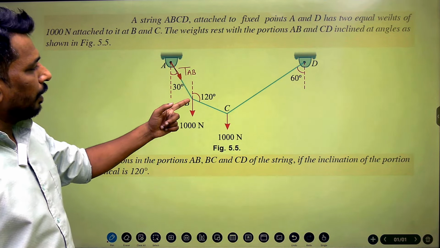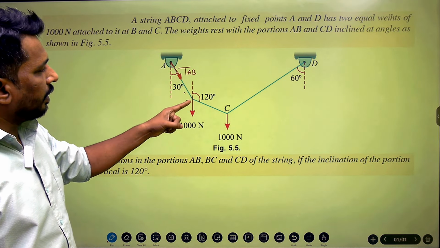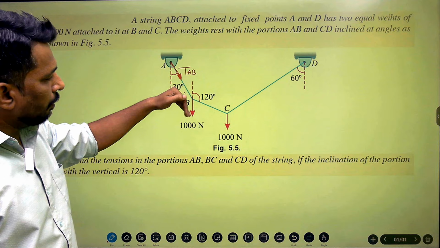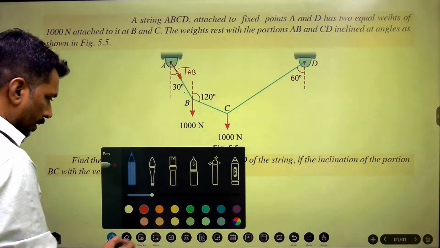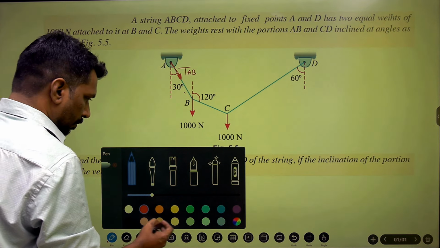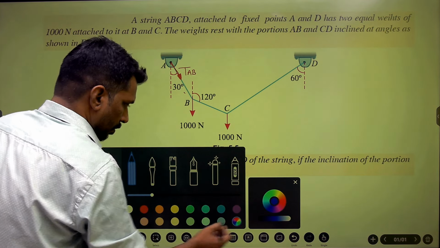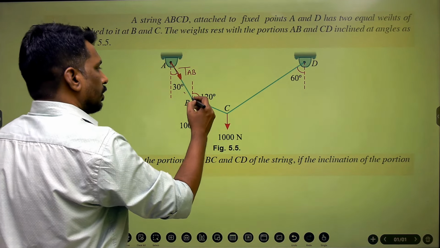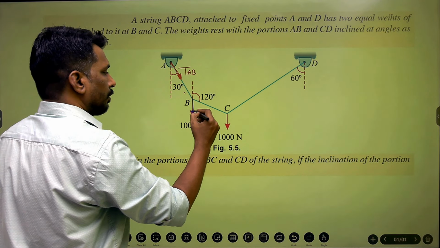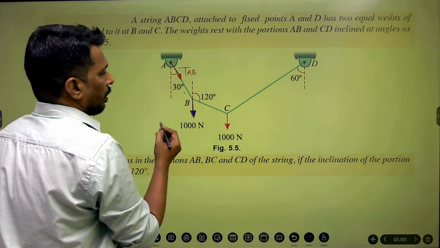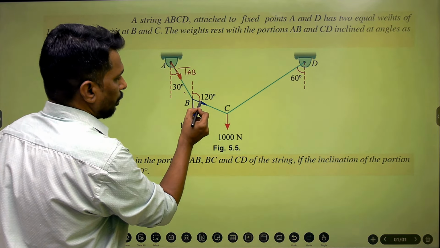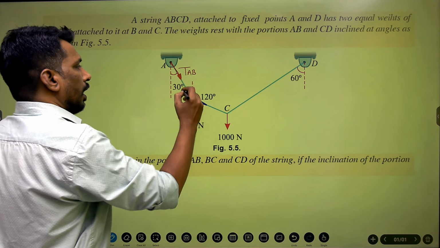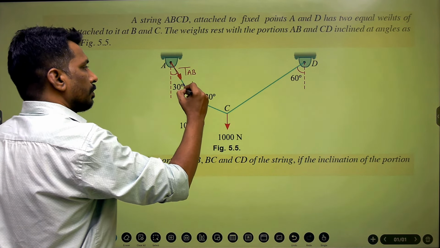Now if I consider point B, two segments are connected at point B and one force, 1000 Newton, acts vertically downwards. So this is 1000 Newton vertically downward, the first force. Then I'll consider this TBC away from point B, and then this third force.